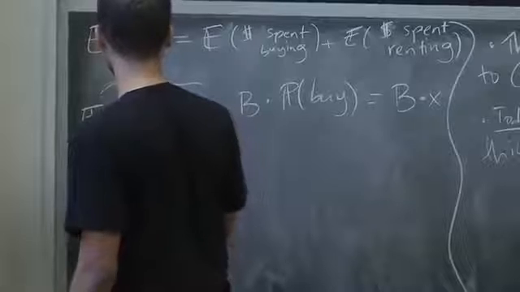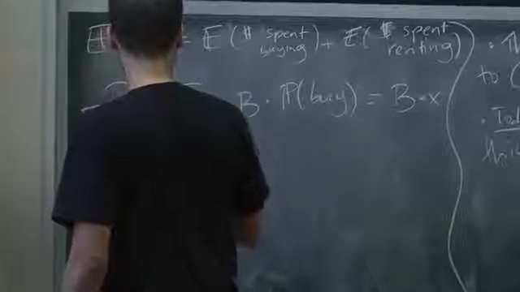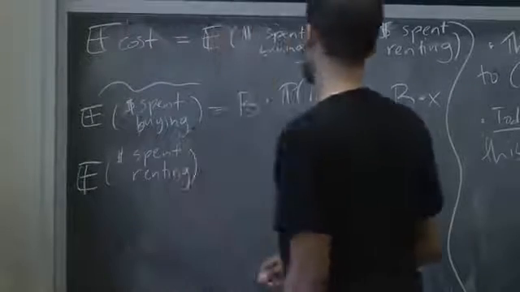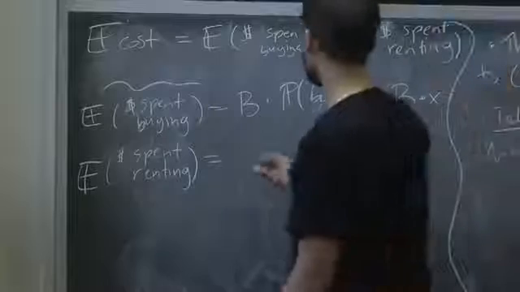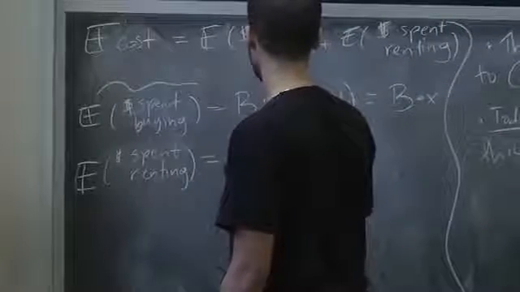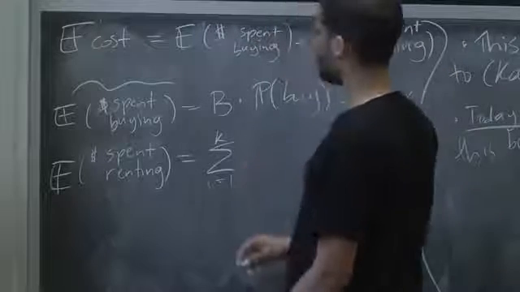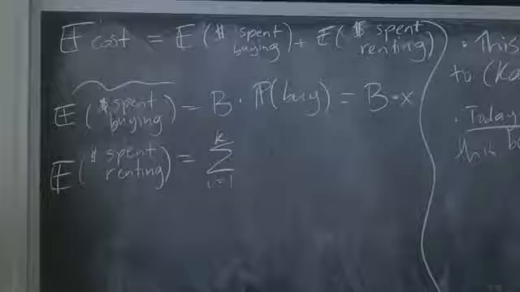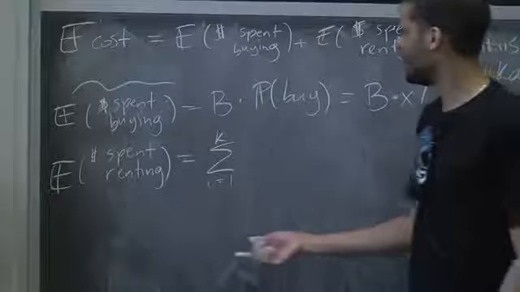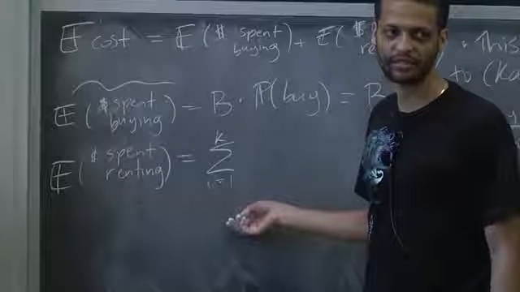Okay. And what's the expectation of the money spent renting? Well, by linearity of expectation, that's the sum over i of the probability that you rented on day i. You can define an indicator random variable for whether or not you rented on day i, and then the total number of days you rented is just the sum of those indicator random variables.